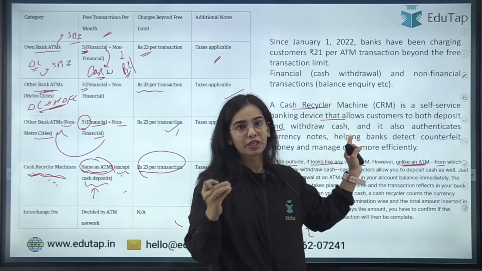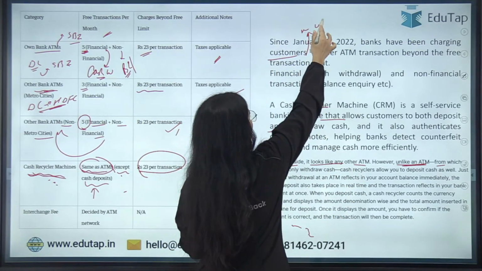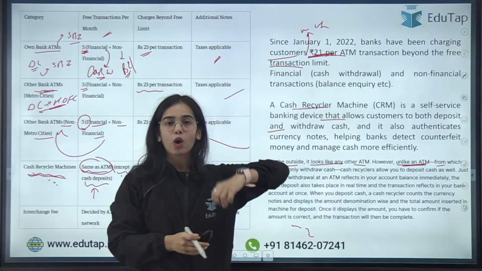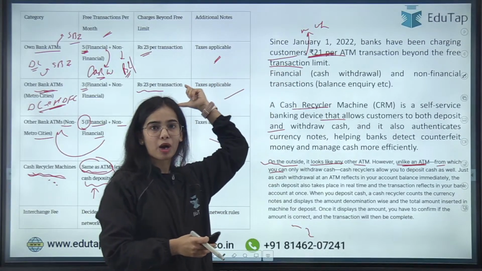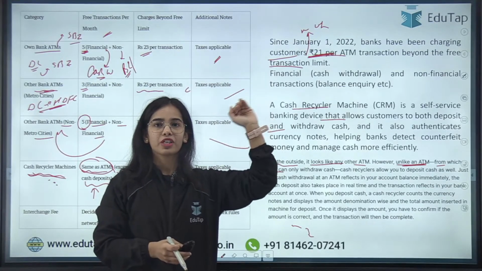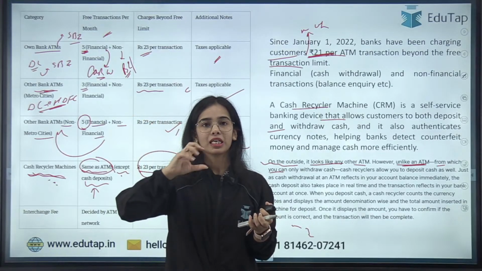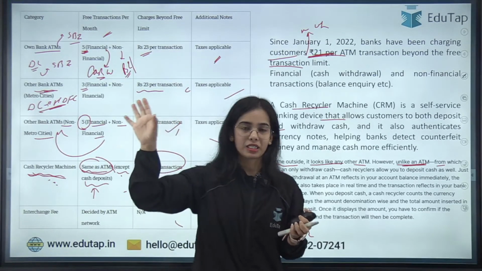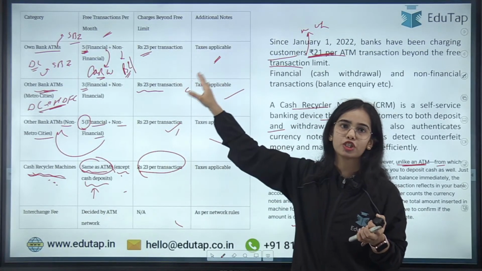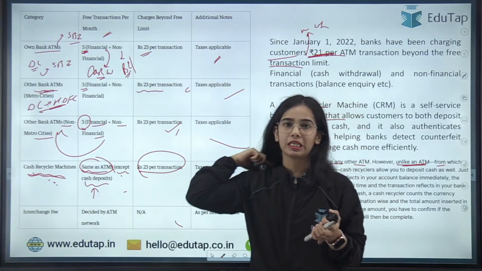Since January 1, 2022, banks have been charging customers up to a maximum of 21 rupees per ATM transaction beyond the free transaction limit, but now the maximum amount has been increased from 21 to 23 rupees. That is, the maximum charges have been increased by 2 rupees. So this is the idea.